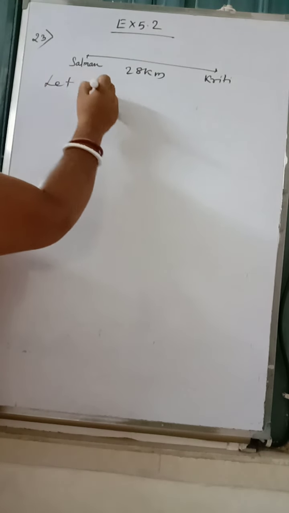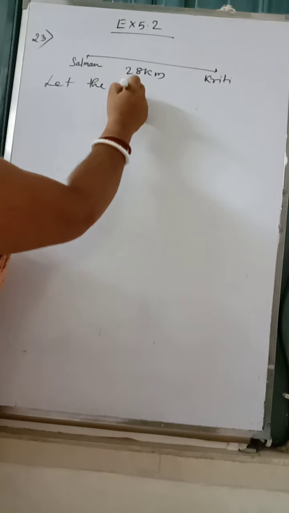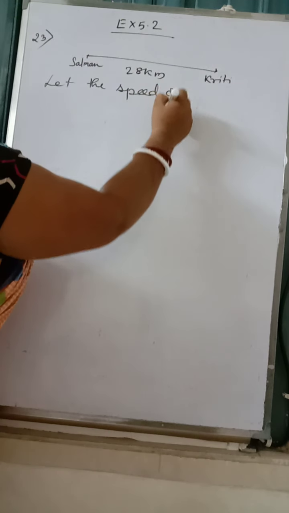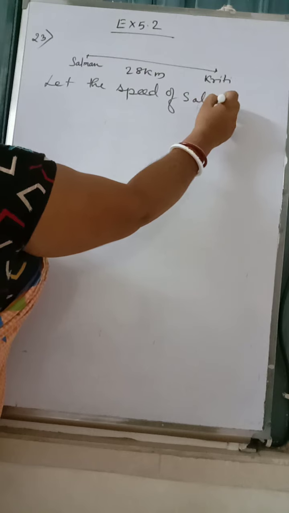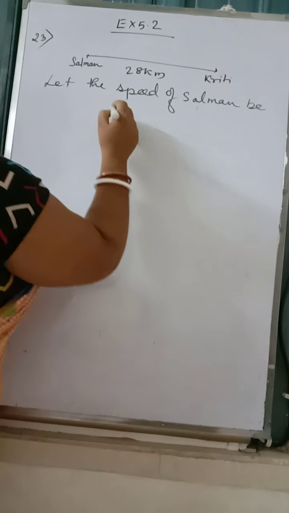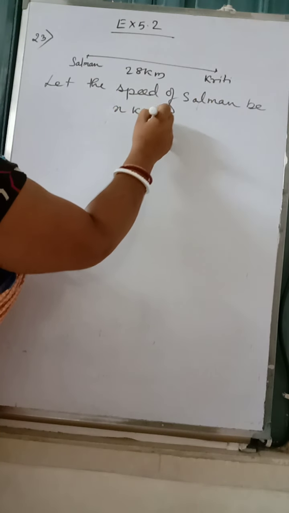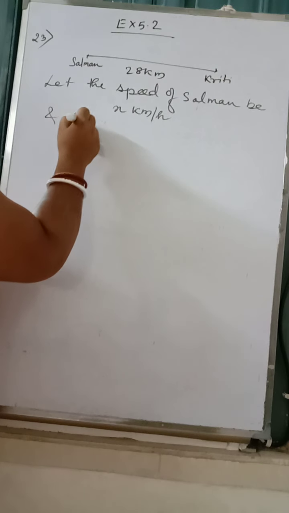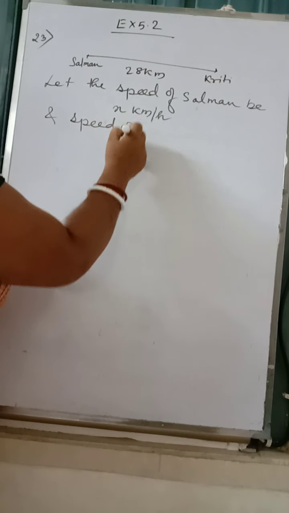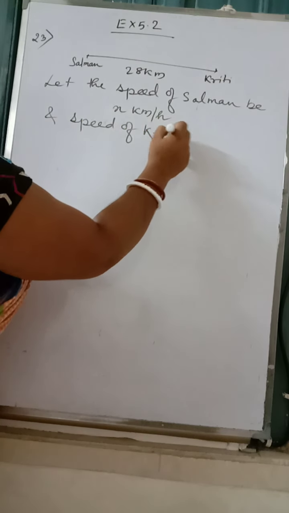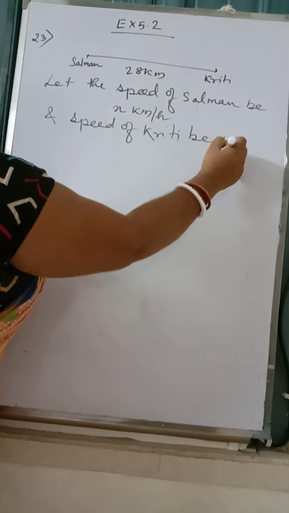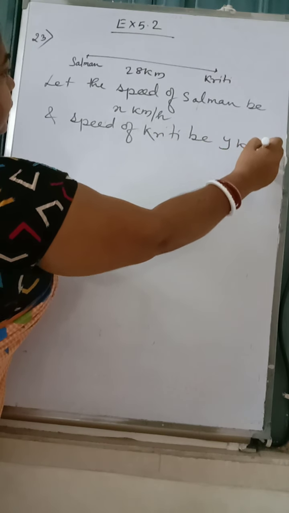Let the speed of Salman be x kilometers per hour and the speed of Kirti be y kilometers per hour.